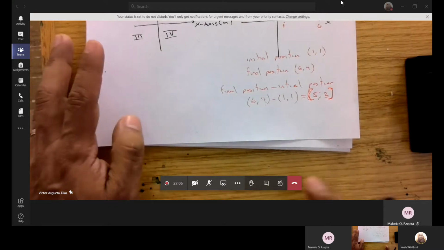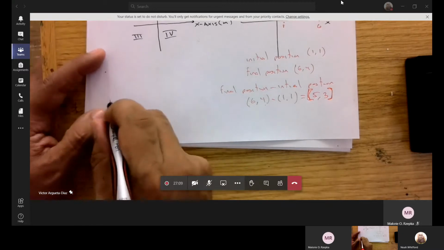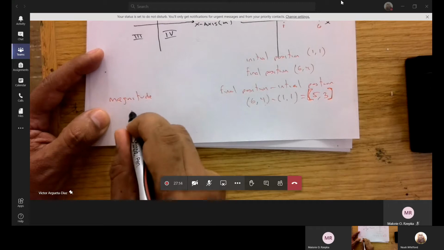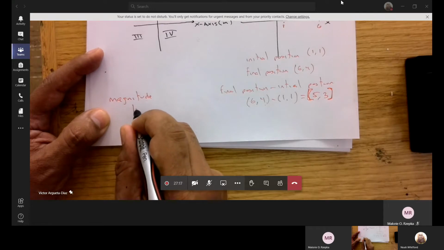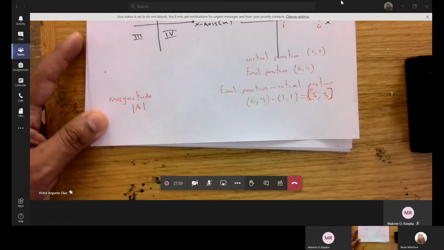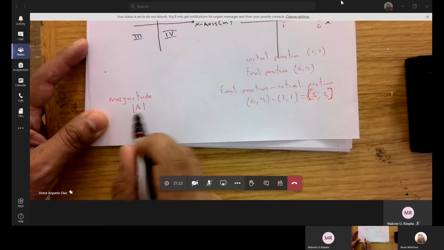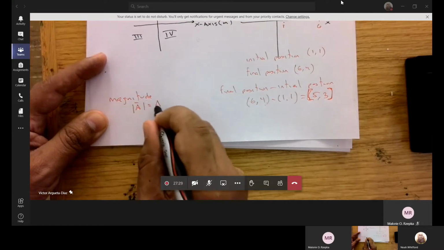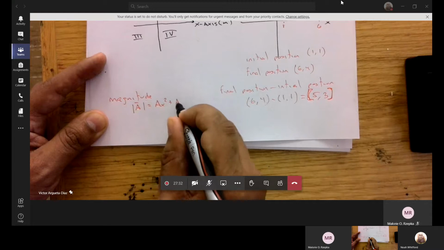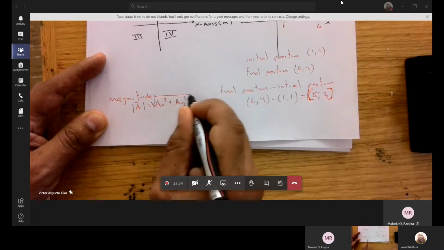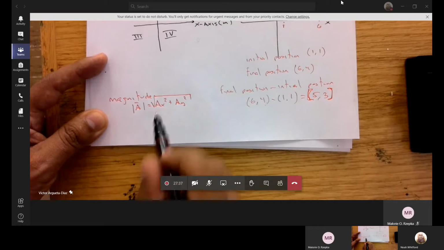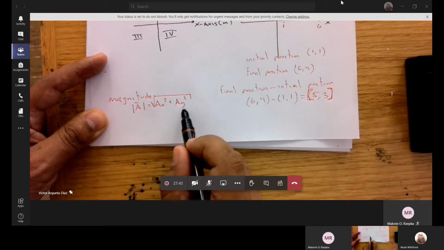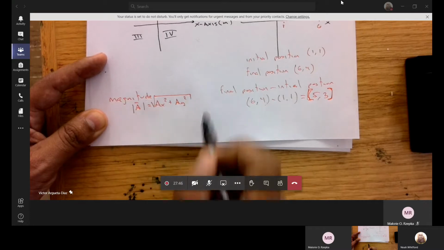So to calculate the magnitude of the vector, and the magnitude of the vector is represented with these straight lines around the variable of the vector, we use the x component of the vector squared plus the y component of the vector squared, and then of that quantity, we get the square root.